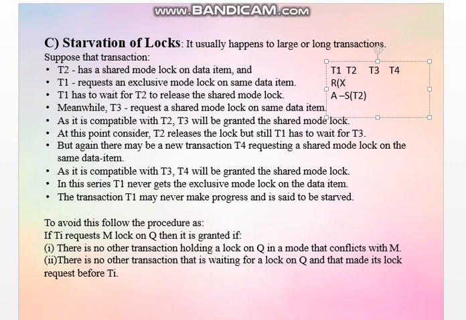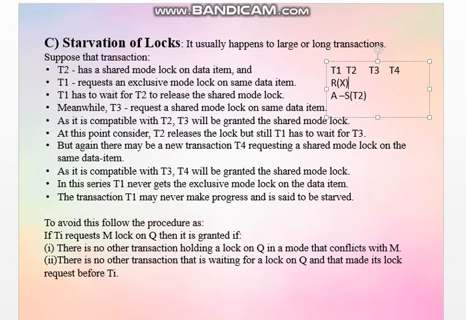But by using the compatibility chart, we know that if a transaction is already having the shared lock, it is compatible with only the shared lock but not the exclusive lock. If we grant the transaction T1 the exclusive lock, it will create a conflict. So we will tell T1 transaction to wait. T1 has to wait for T2 to release the shared lock.